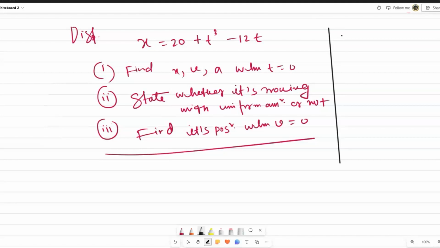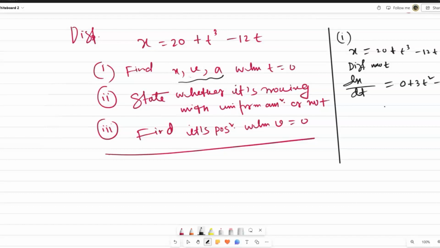So let us write the expression for all three. X is 20 plus t cube minus 12t. So differentiating, dx by dt will be 20 derivative is 0, 3t square minus 12.